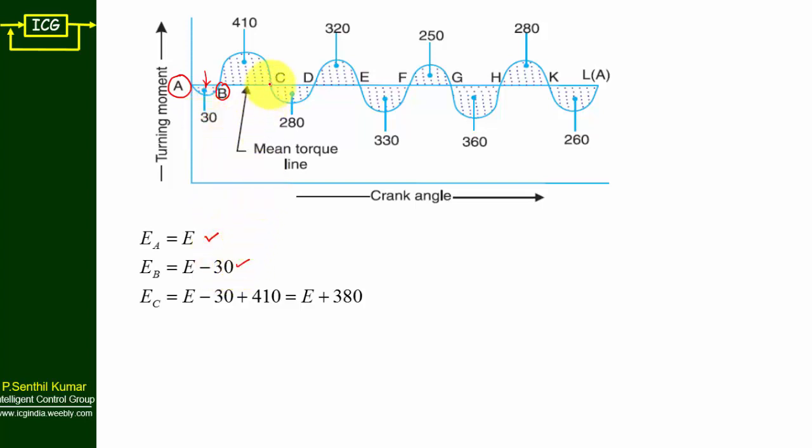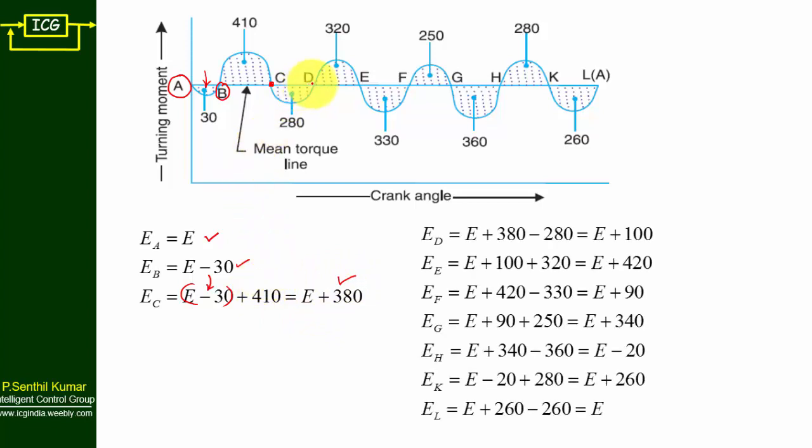Then energy at C equal to energy at B, which is E minus 30. We take that value as it is, and with that value we need to add 410. So this should be E plus 380.